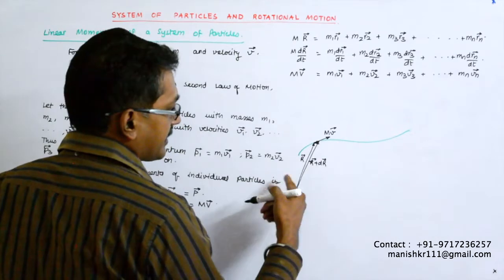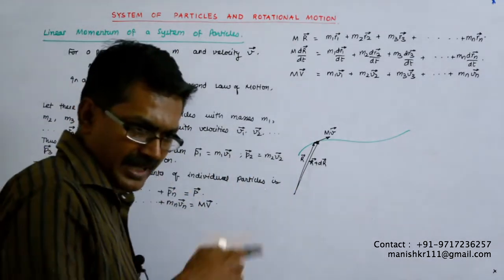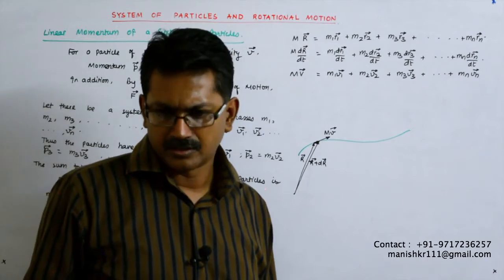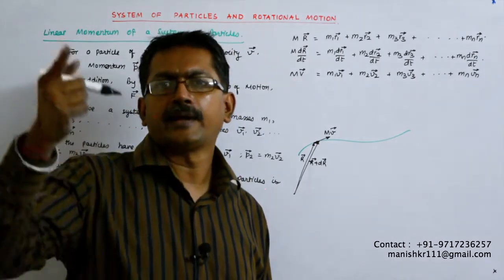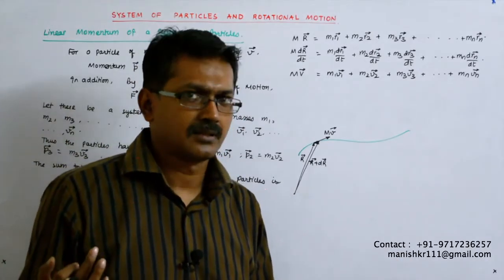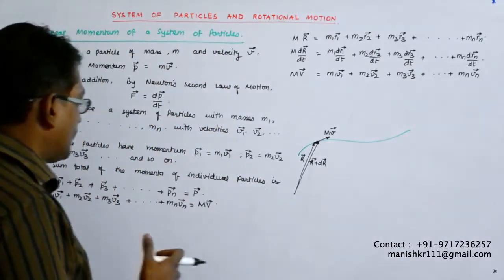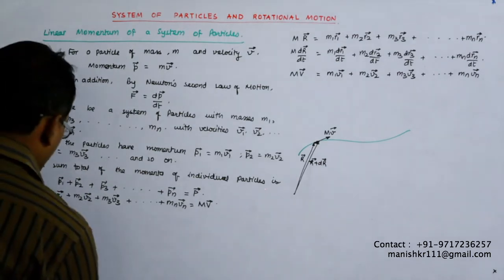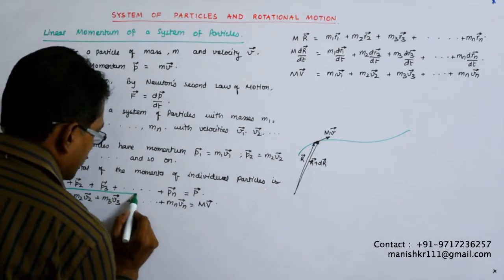It will see that dr by dt, so it will give you the velocity, right? So at every point you track its velocity. So that's how it is working, correct? This is how the momentum is getting summed up. So this is my total momentum.